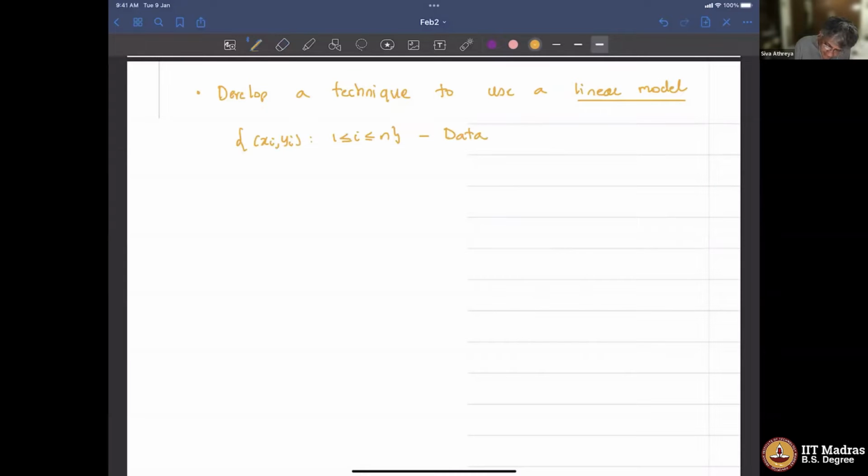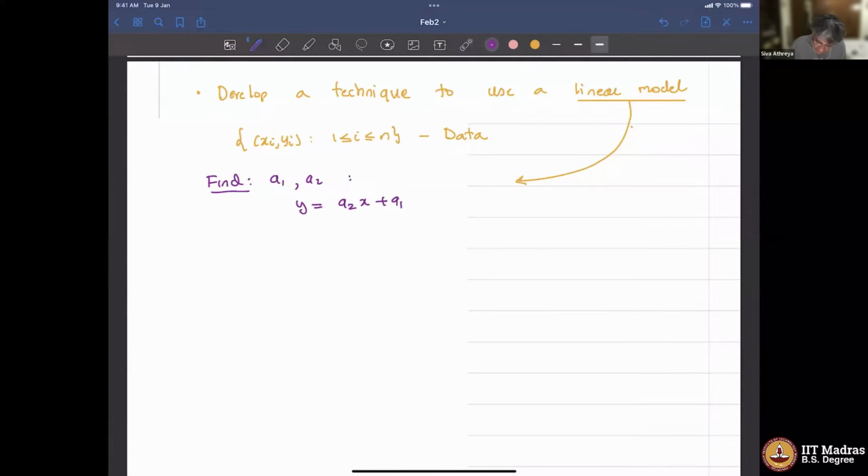And what do I mean by a linear model? By linear model, I mean I want to find, let's say, A1 and A2 such that y equal to A2x plus A1 is a good approximation.